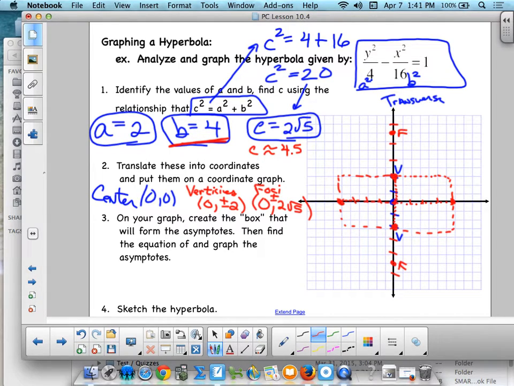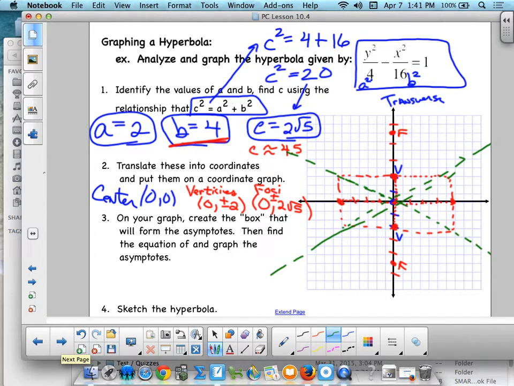Got it? Now, where do the asymptotes come from? The diagonals. Draw the diagonals through the center. There it goes, and there it goes.